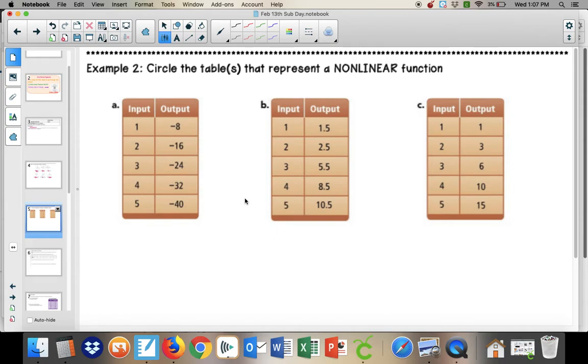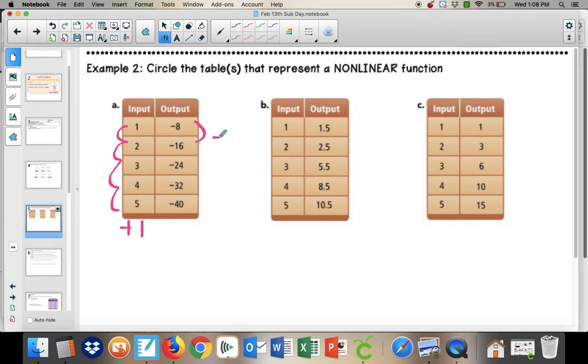So now looking at tables, decide which one represents a nonlinear function or which ones. So just like we did yesterday, we are going to look at the constant rate of change. If my input and output go up or down by the same rate, it is considered linear. If they don't, it is considered nonlinear. So as we are working with our input here, each one of the first ones is going up by 1.